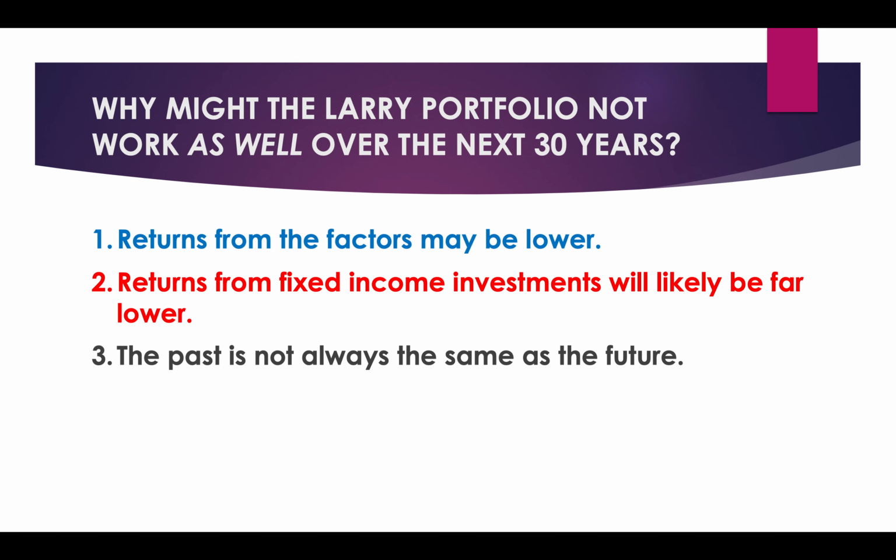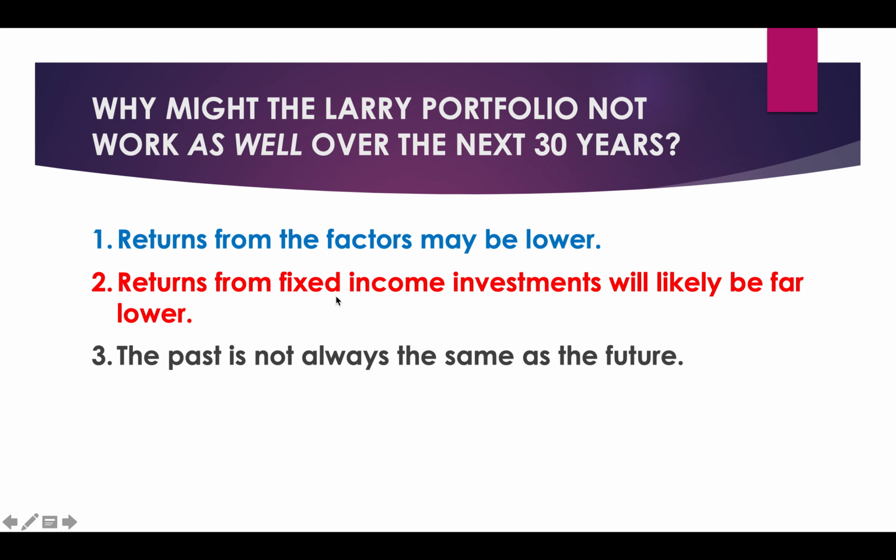Why might the Larry portfolio not work as well as it did historically? Well, we've studied that some of the factor results we're seeing back in 2000 to 2010 may not pay out as well. Some of these factors may in fact be lower because knowledge of the factors exists. Even Larry Swedroe has done research showing that about 1/3 of the historical returns of the factors might be reduced going forward.